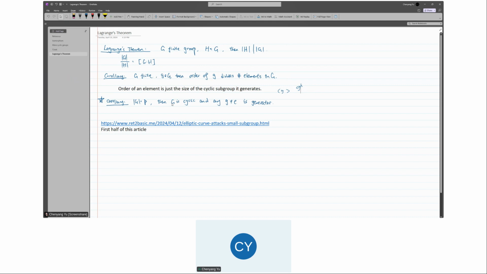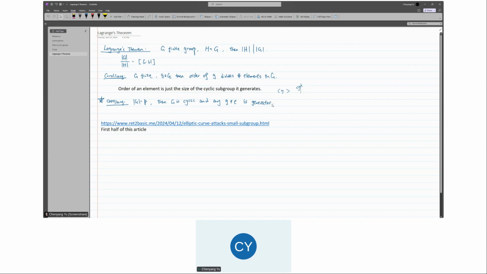Any finite group of order p must be cyclic, and every element other than the identity in it is a generator. This will be used in elliptic curves and finite fields a lot, so please remember this.